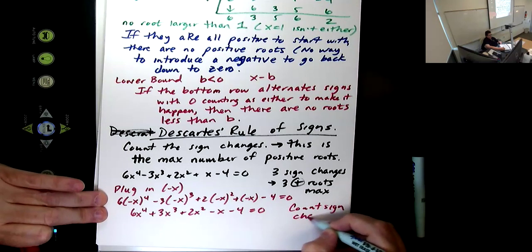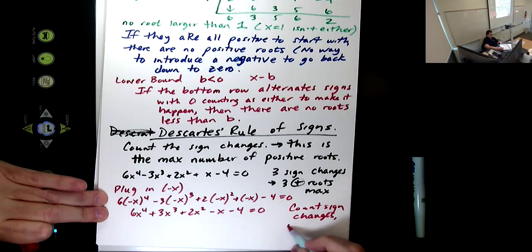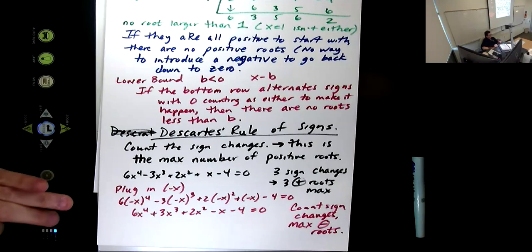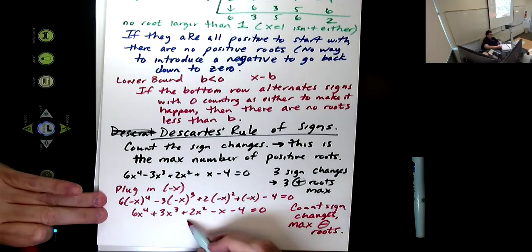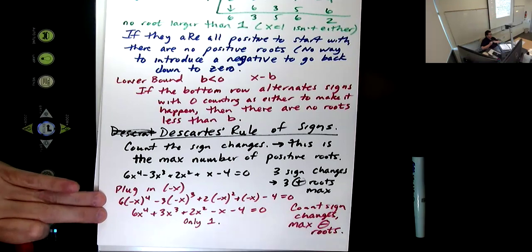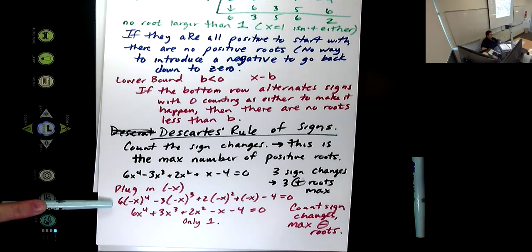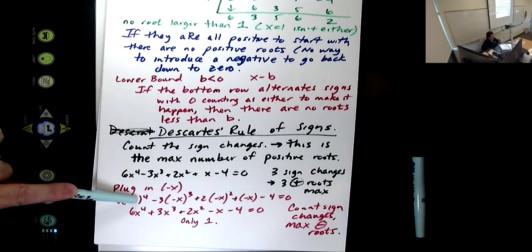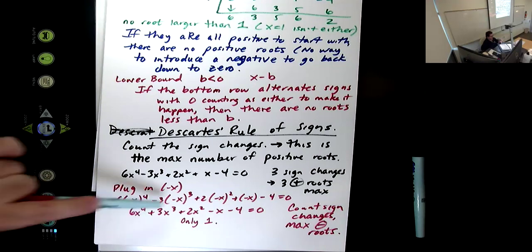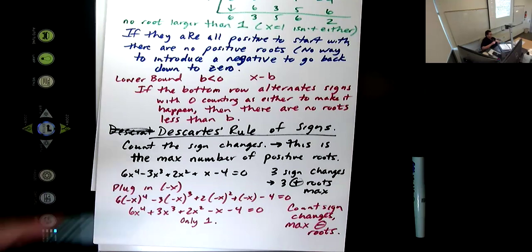And that's the number of negative roots. So only 1, right? That's a little more work than I want to do though. You can eyeball it in your head. The even ones don't change signs, the odd ones change signs, but I don't even need to do all that.